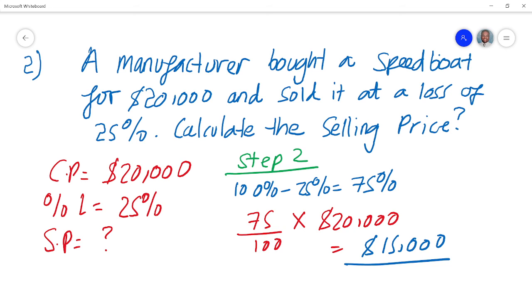All you've got to do is remember that when you incur a loss, it's because your selling price is less than your cost price. In the next set of videos, we're going to be talking about percentage discounts and commission using the application of percentage increase and decrease. Thanks, guys. Bye now.